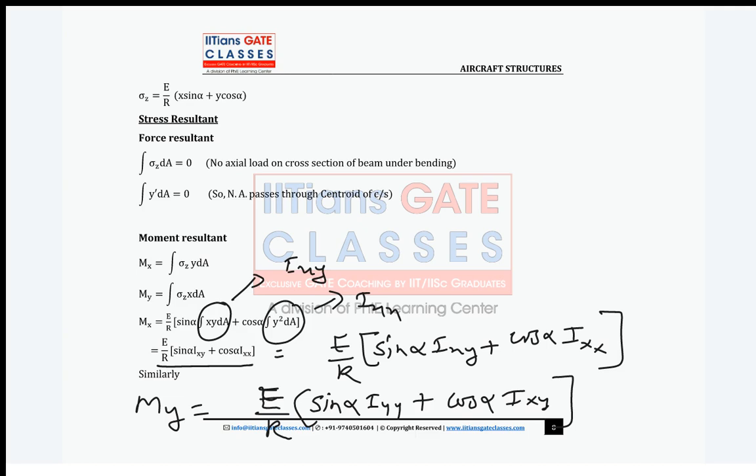Now guys, what I can do, I can write this Mx and My in matrix form. If you write this Mx and My in matrix form, what do you get, guys?